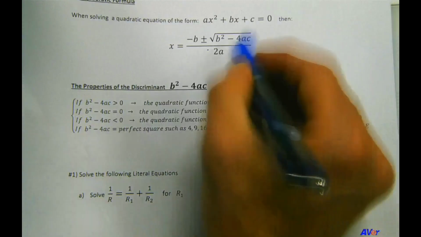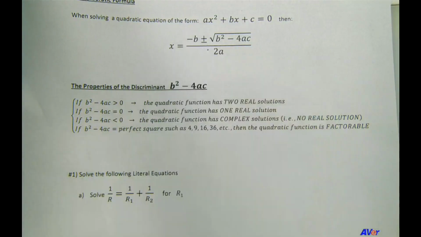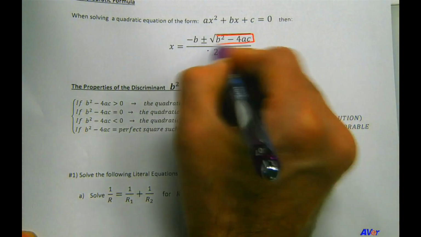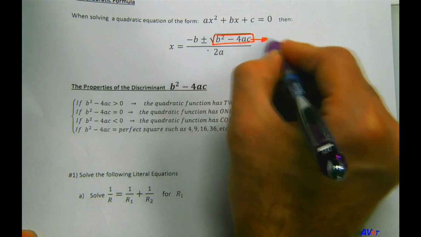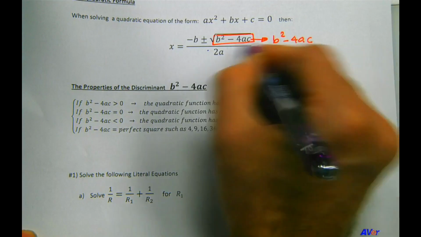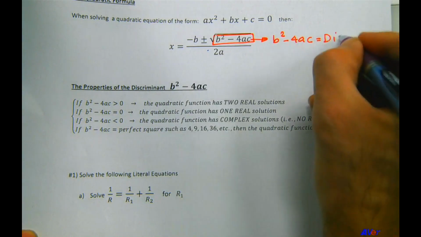Now, with respect to the quadratic formula, I'm sure you've seen this a lot. But the piece inside the radical, not the radical, just that piece, b squared minus 4ac, is called the discriminant.